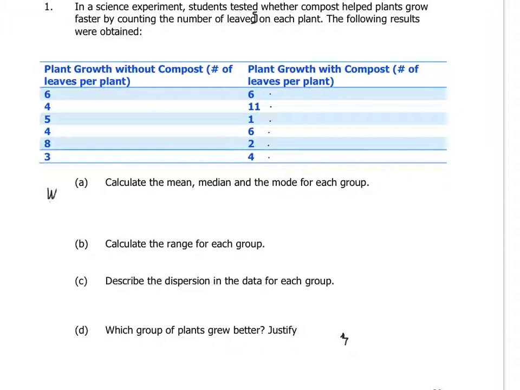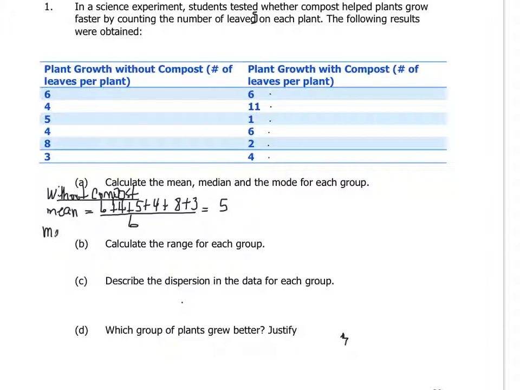So without compost, we have the mean would be 6 plus 4 plus 5 plus 4 plus 8 plus 3, and there's 1, 2, 3, 4, 5, 6 pieces of data. 6 plus 4 is 10, 15, 19, and 8 is 27, 30 divided by 6 is 5.